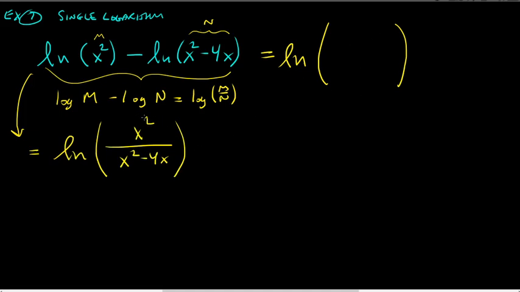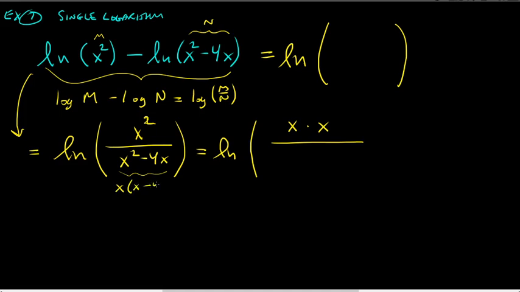However, we can simplify this. Well, I hope you don't cancel the x squares. You know you can't do that, because you're not multiplying here. But here's what you can do. You can write this as the natural log of x times x in the numerator, and notice here you can factor out an x.